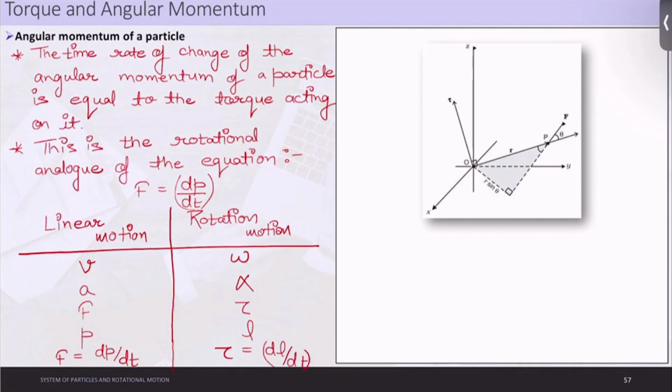So you can find that everything is being linked up similar to the case of your linear motion. Okay, fine. So that is the end of this concept also.